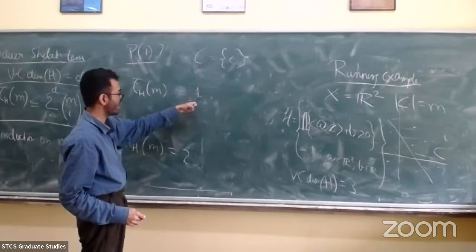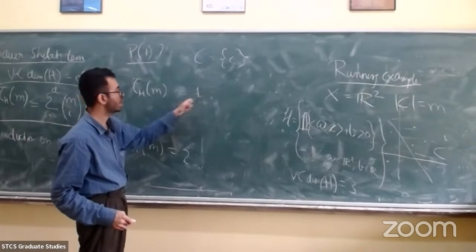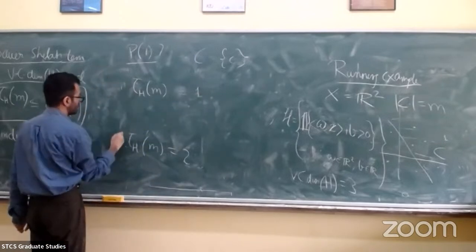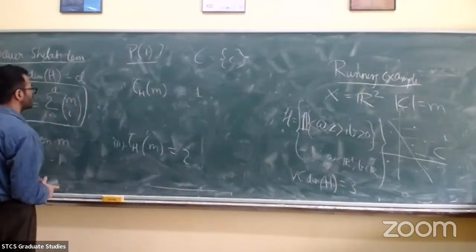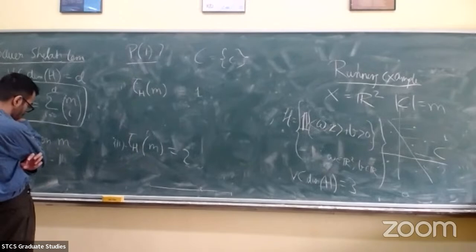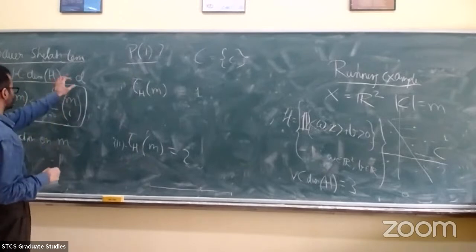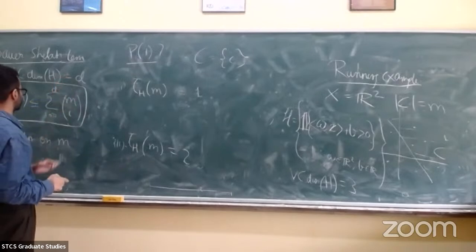If you can get just one label on C, then whatever you have... Actually, sorry. The point is to think about what D is.